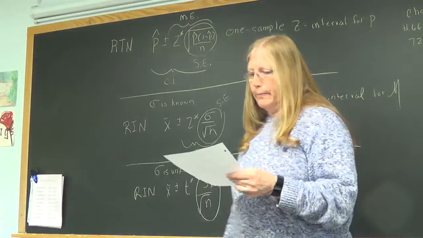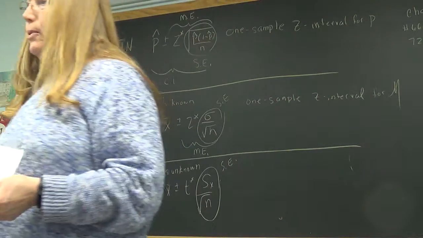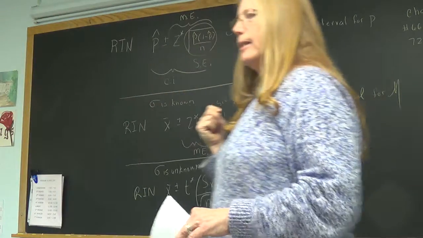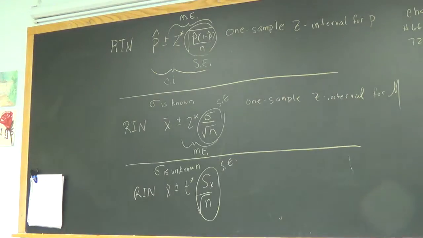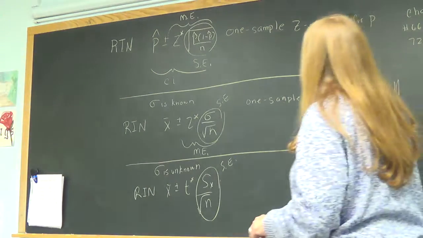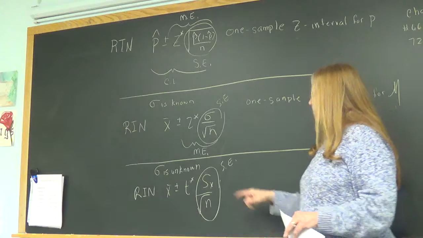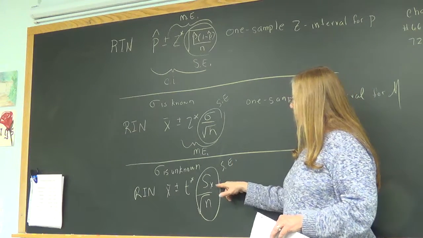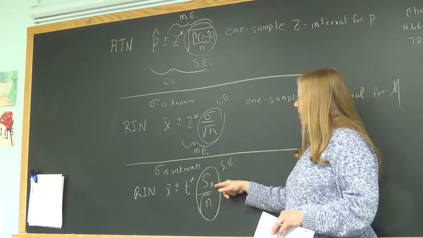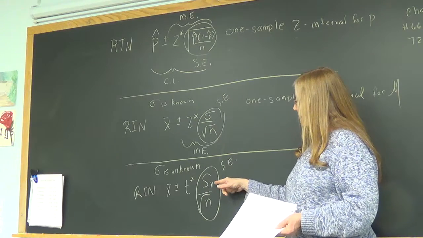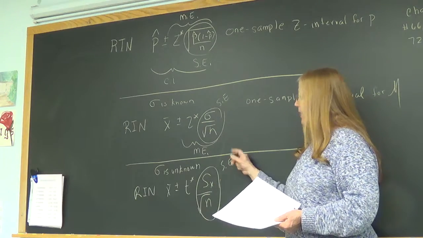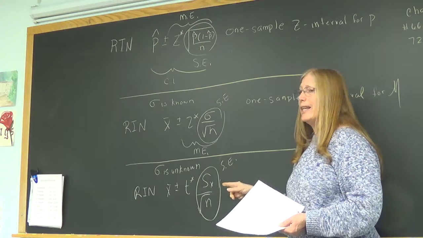Standard error. Okay, actually, I made a little boo-boo up there. Anyone see what it is? Put your hands up. One boo-boo. It's called standard error when the information in the standard error comes from the sample.